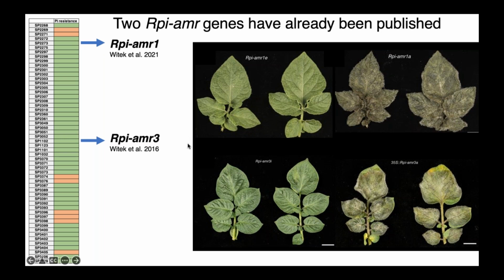On the left, each picture is the transgenic line carrying the functional paralog, Rpi-amr1e and Rpi-amr3i. On the right, you can see the non-functional control, the 3A paralog and the 1A paralog. The functional paralogs confer complete resistance, with no sign of infection at all, quite a contrast to the non-functional genes.